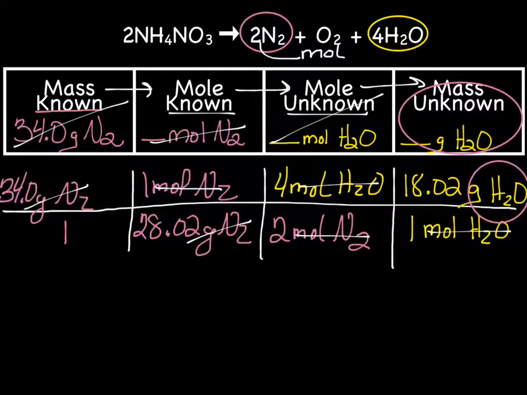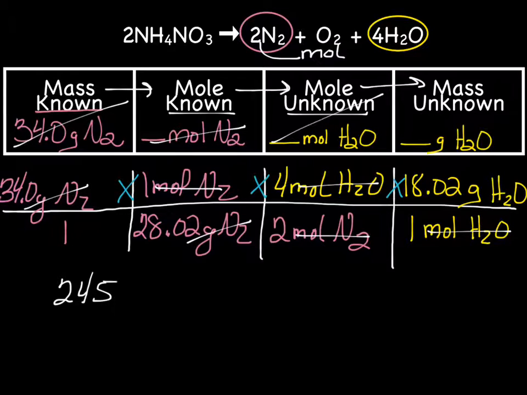All we've got left to do is put this stuff in the calculator. So we're going to be multiplying across the top, which means we're going to be multiplying 34 times 1 times 4 times 18.02 grams of H2O. And if I did this correctly, I ended up with 2450.72 grams H2O.